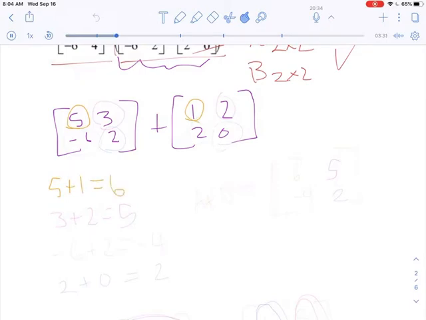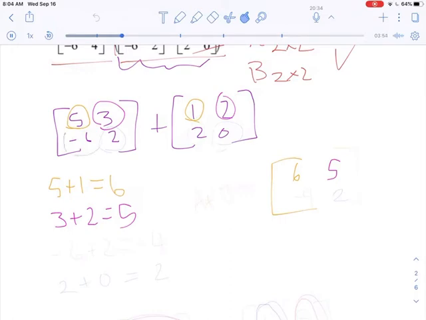So 5 plus 1 is 6. So in my answer, 6 is going to be the 1/1 element. When we talk about the 1/2 element, I'm going to be adding 3 and 2, which gives me 5. So that will go here in my answer matrix.